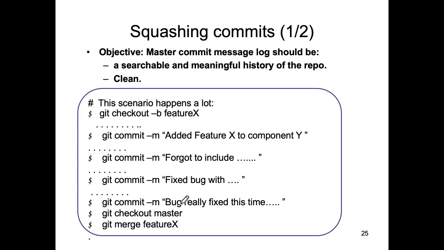So is there some way that we can, now obviously the assumption as well is that we're going to be merging this branch back into the master, which I'm doing here. Git checkout master, git merge feature X. But now, because I've merged feature X, and the feature X branch has all of these commit messages, these commit messages are now going to appear on my master branch, and we don't like that. So how can we avoid that?